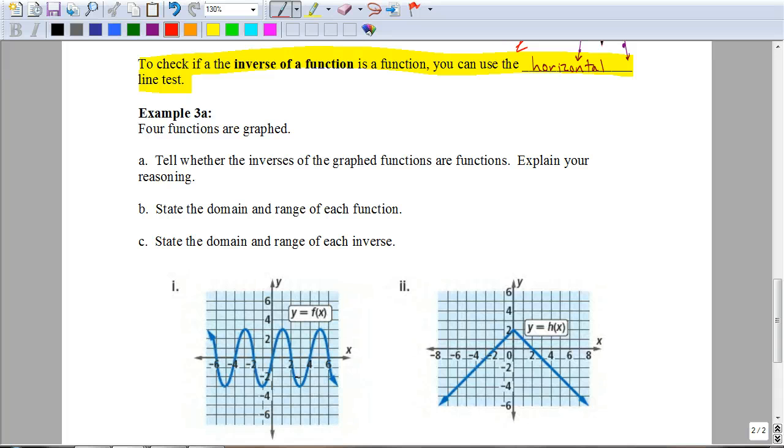And the domain here, just to review, the domain of each function means what we're looking at right now. The domain would be all real numbers, because the graph goes infinitely in both directions along the x-axis.